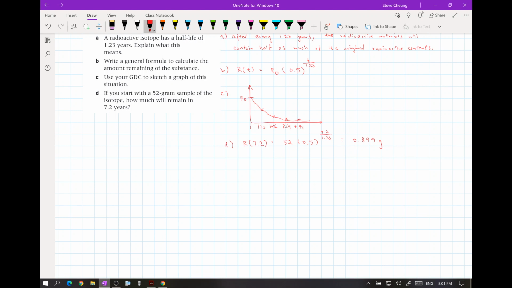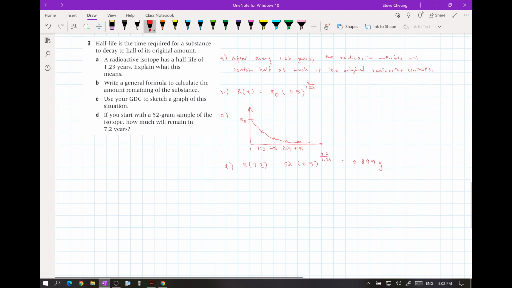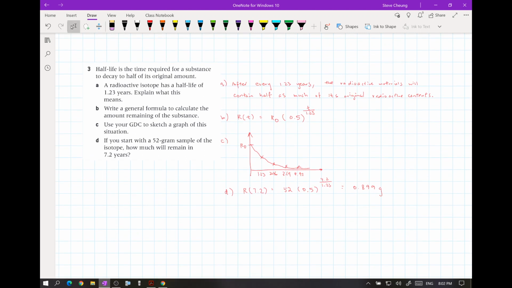Did I punch in something wrong? Because that's not what I have in the answer here. The answer key says that it has to be t minus 1, but that's incorrect.